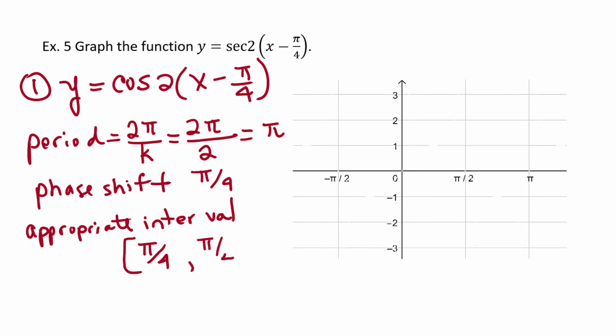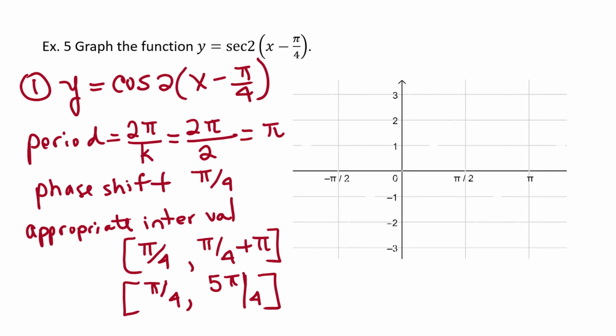So we would do pi over 4 plus the period of pi, and that gives us pi over 4 to 5 pi over 4. Let's graph the cosine.